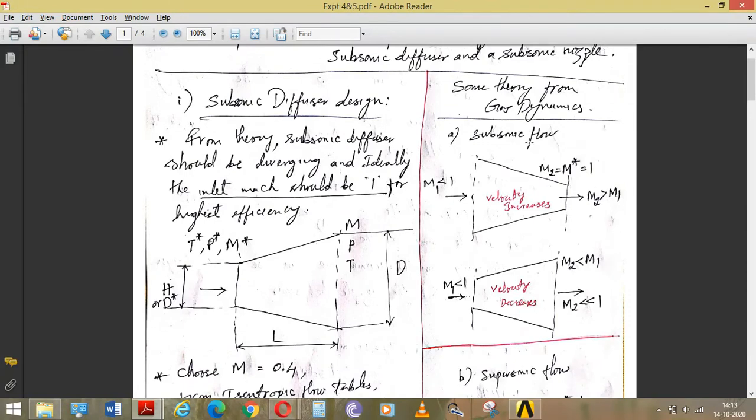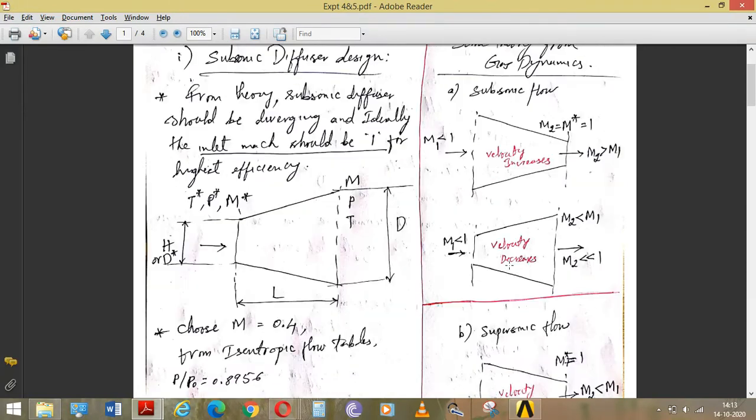From gas dynamics theory, we know that whenever the flow is subsonic, and I think we have discussed this many times, we'll go through it again. When the flow is subsonic, if the duct is converging, it will act as a nozzle. If the duct is diverging, it will act as a diffuser.